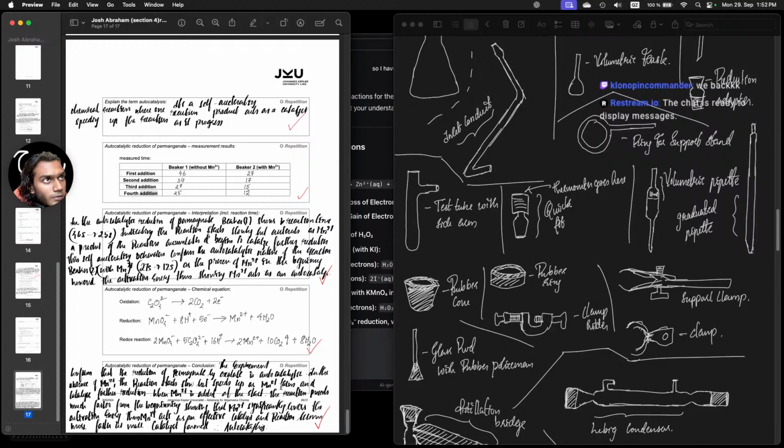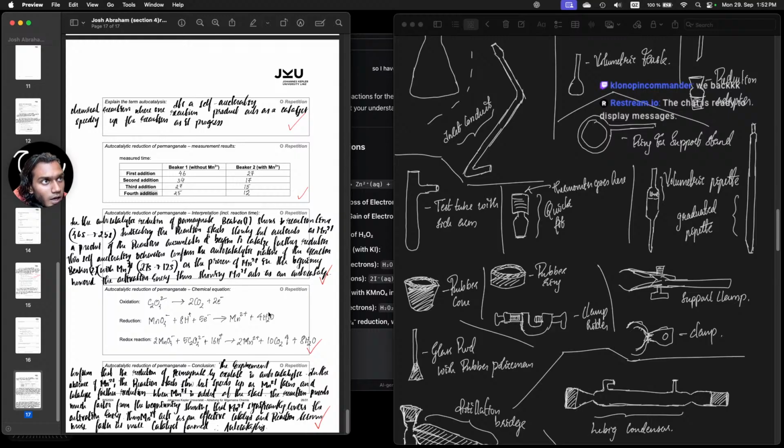Autocatalytic reduction of permanganate. So we use the oxalic acid, H2C2O4. Conclusion: the experiment confirms that the reduction of permanganate by oxalate is autocatalytic. In the absence of Mn2+, the reaction starts slow but speeds up as Mn2+ forms and catalyzes further reduction.